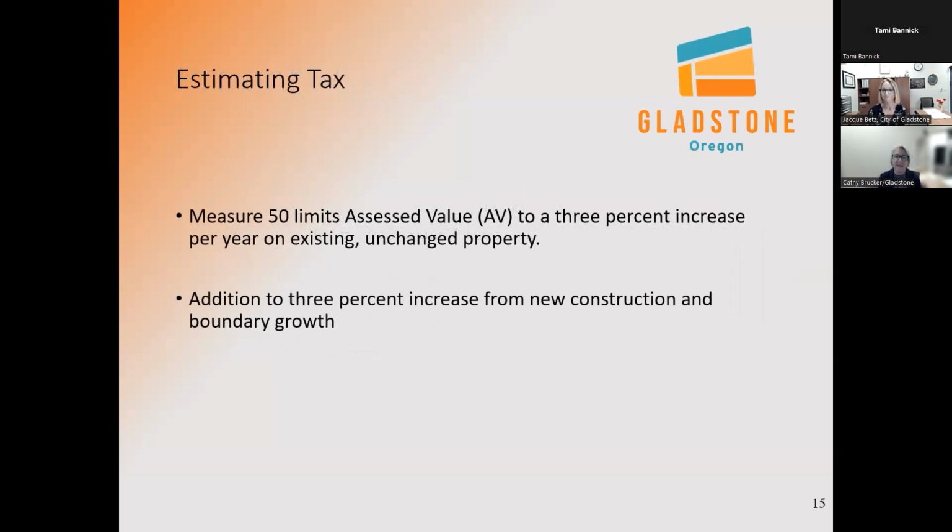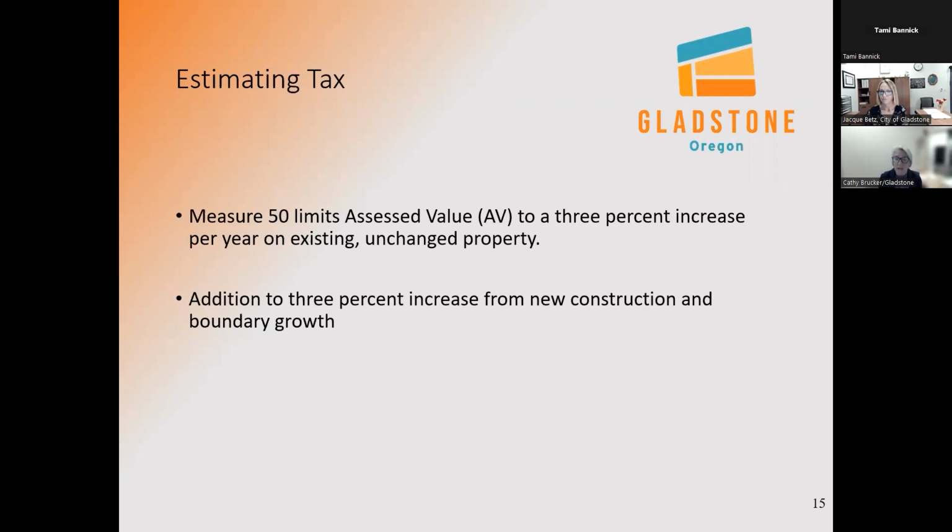Estimating taxes. Measure 50 limits the assessed value to a 3% increase per year on existing unchanged properties. Addition to the 3% increase can come from new construction and boundary growth. And this is the only way taxes may increase based on growth of assessed value. The permanent rate does not change.